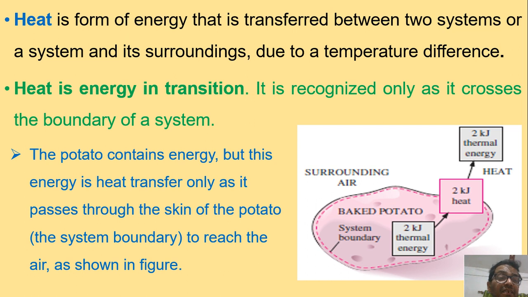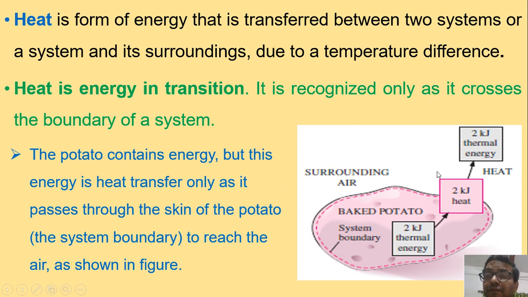We can see that the potato contains energy, but this energy is heat transferred only as it passes through the skin of the potato, that is the system boundary, to reach the air as shown in the figure. So from here you can understand what the surroundings is, what the boundary is, and this is the thermodynamical system. So all of this is present in the universe.